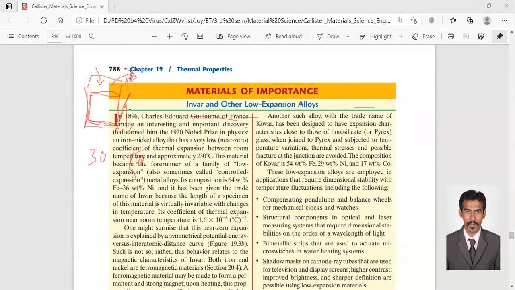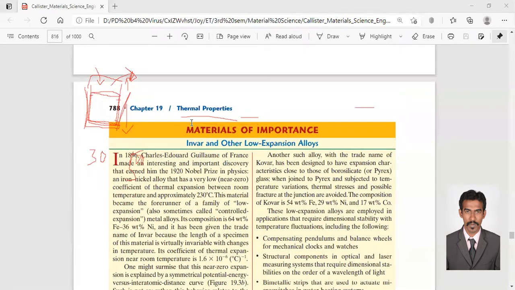So let's see that in 1896, Charles Guillaume of France made an interesting and important discovery that earned him the 1920 Nobel Prize in Physics. An iron nickel alloy that has a very low, near zero coefficient of thermal expansion between room temperature and approximately 230 degrees Celsius. Right.